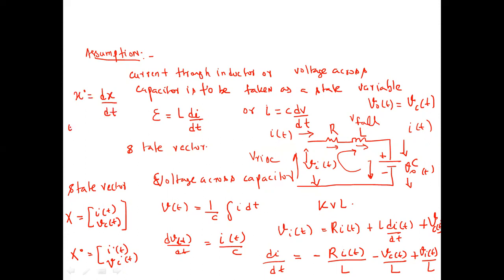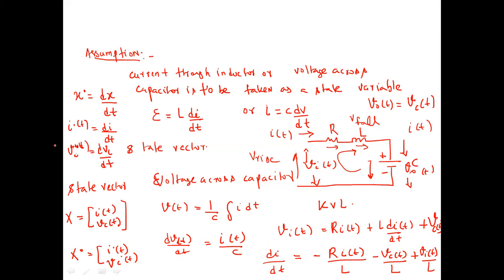So I dot of t would mean di by dt, and Vc dot of t would mean dVc by dt. This is the meaning of this.